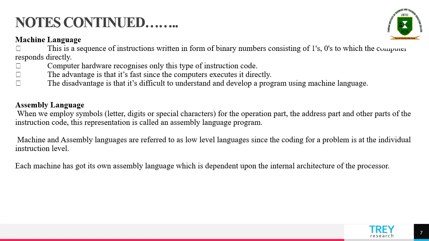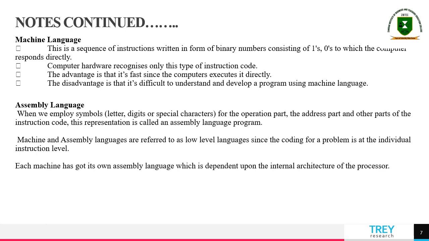Okay, let's move to details. So the machine language. This is a sequence of instructions written in the form of binary numbers consisting of ones and zeros, to which the computer responds directly. For example, when you are typing information using the keyboard, the computer doesn't necessarily understand the language that we humans understand, but it translates the high level language into its own language, which is called the machine language, basically the zeros and ones.